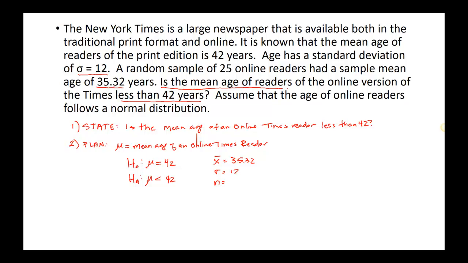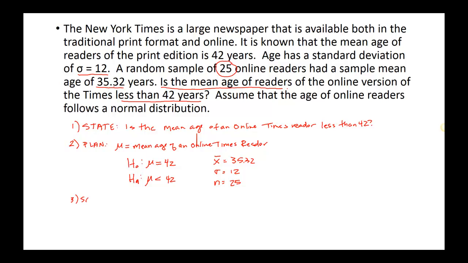In this unit, they'll always tell you what sigma is. And n, my sample size, was 25. All right, so now I've got all the important information. I've written my hypotheses. I'm ready to move on to the next step, which is solve.